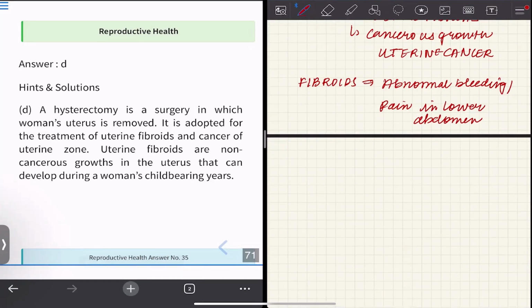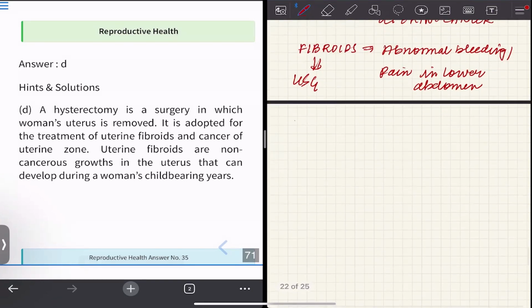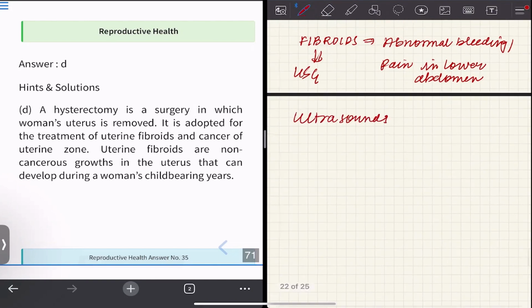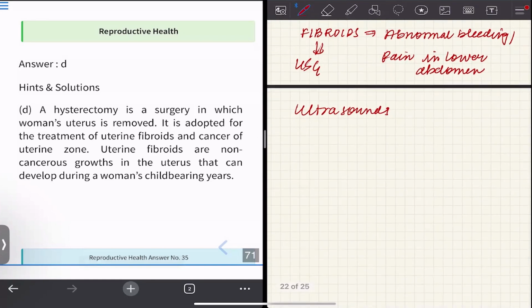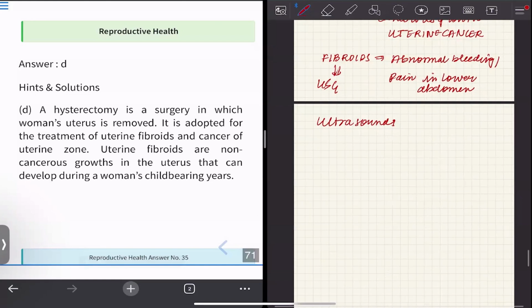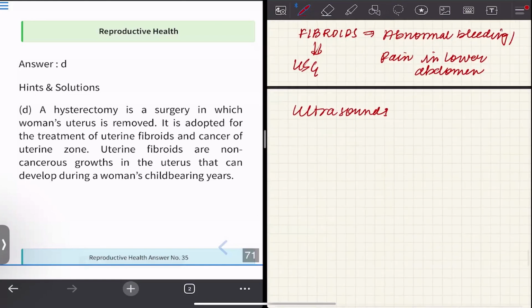Fibroids are generally detected by USG. We do an ultrasound, in which we can detect if any fibroids are present in the uterine wall. In case we find that fibroids are present, we remove the uterus as a whole so that it doesn't cause any further symptoms or pain to the patient.